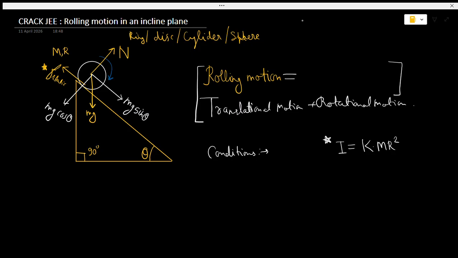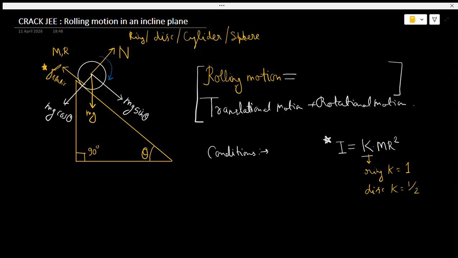Now what is k here? This is a constant which varies as per the round object. Let me take an example. If our object is a ring, then k will be 1, so that the moment of inertia will be m r square. If the object is a disc, then k is going to be half. This we study in moment of inertia in the early part of rotational dynamics.